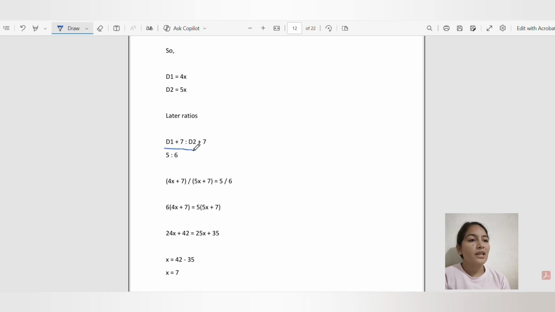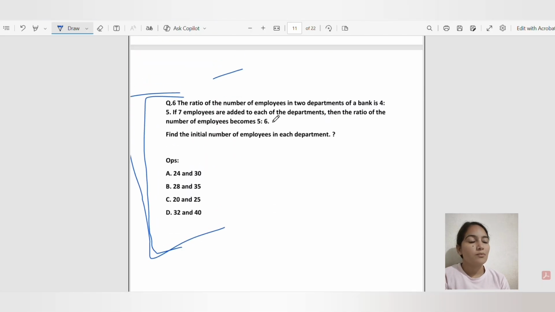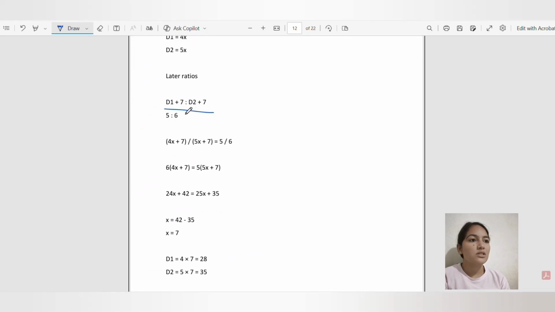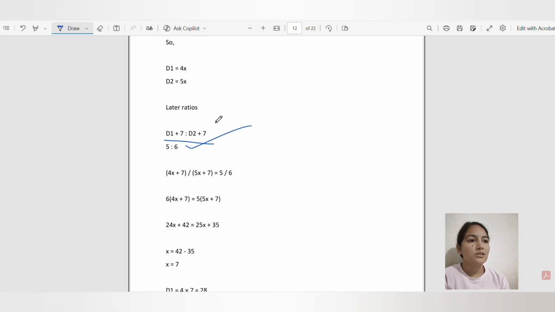Now after 7 employees are added to each department, the ratio of the number of employees becomes 5:6. So the later ratio is 5:6.